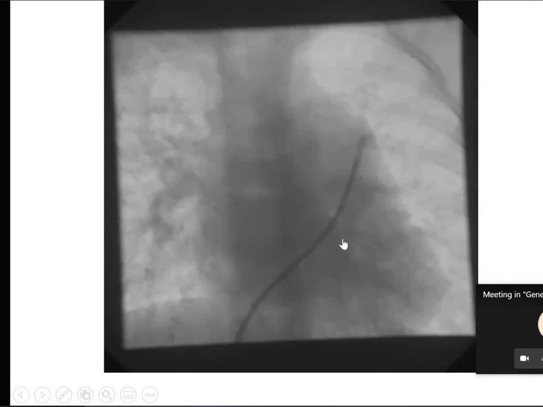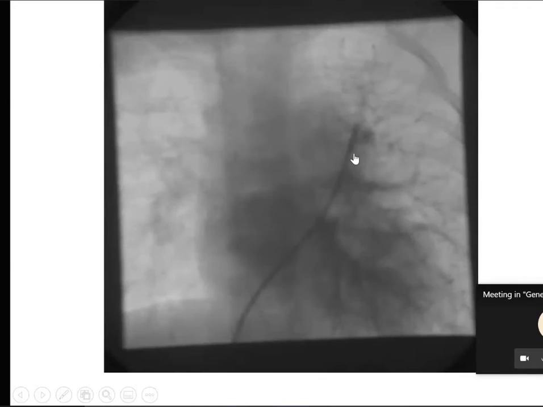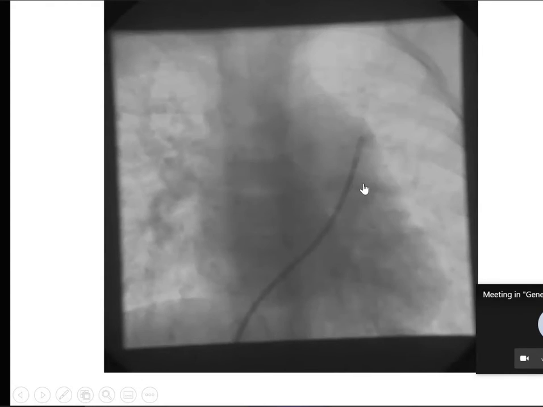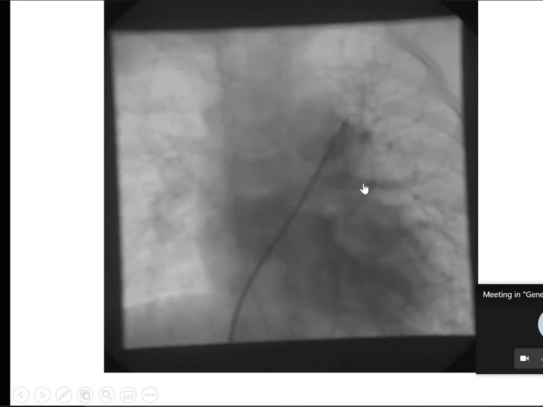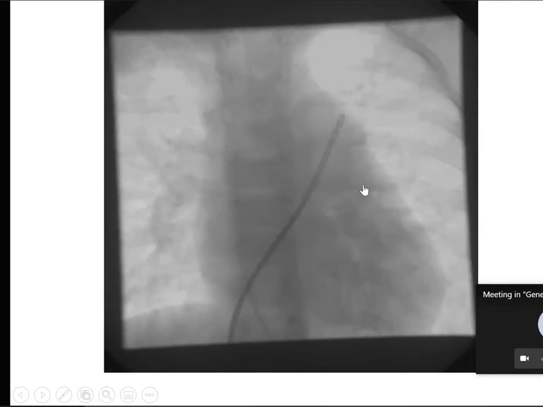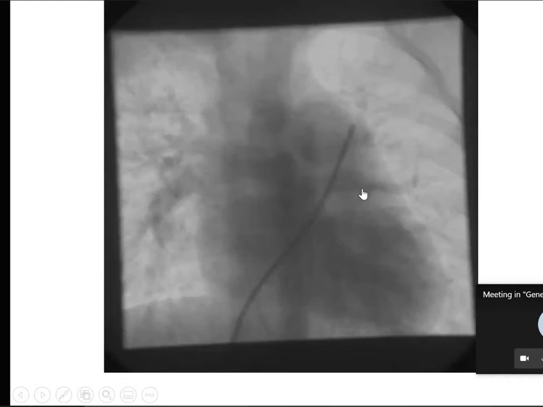Hemitruncus. Previously it was called hemitruncus, sir, but now it is called anomalous origin of RPA. Yeah, that is okay, but conceptually this is hemitruncus because you have a separate origin of both pulmonary arteries. One is from the pulmonary artery trunk, the other is directly arising from the aorta.